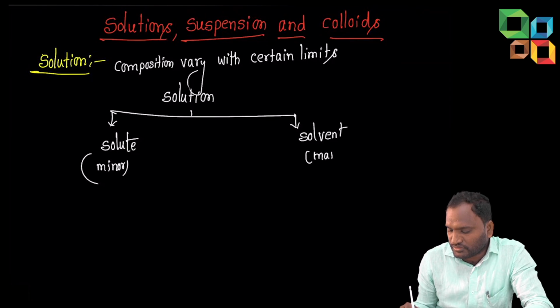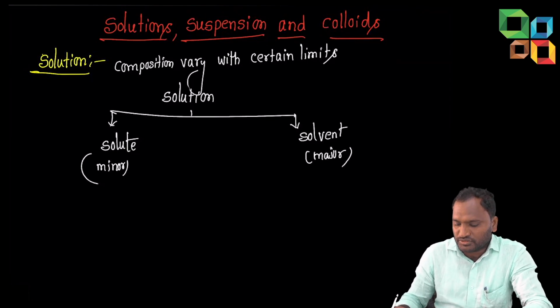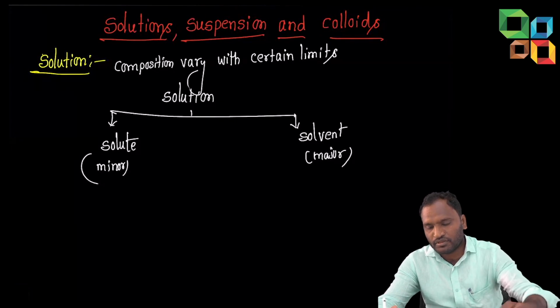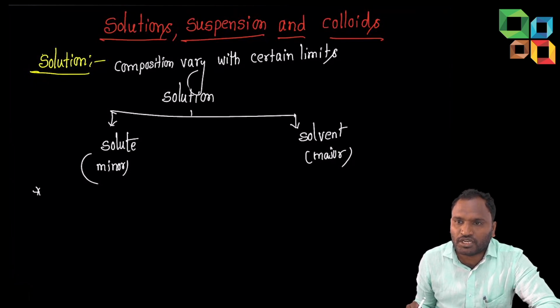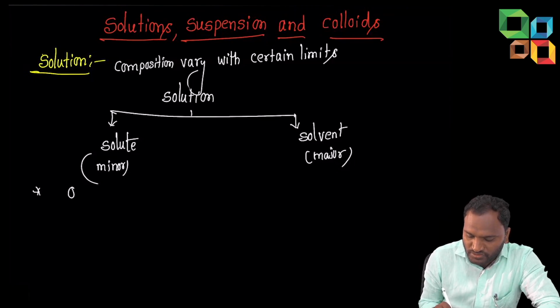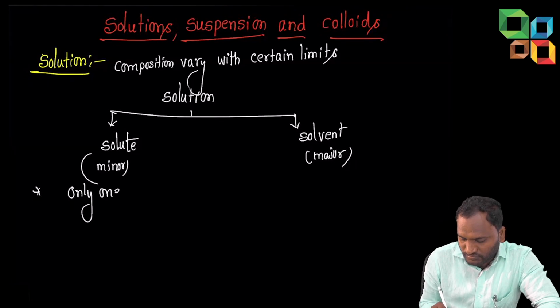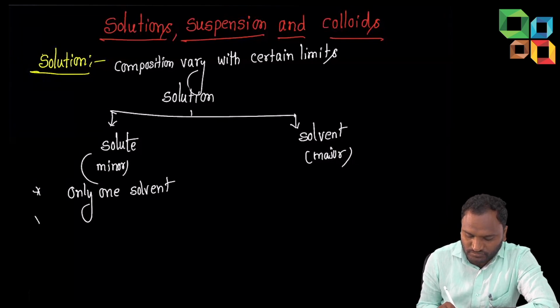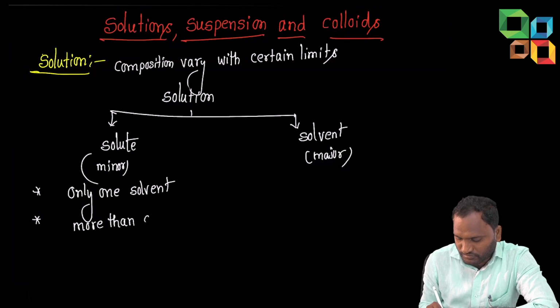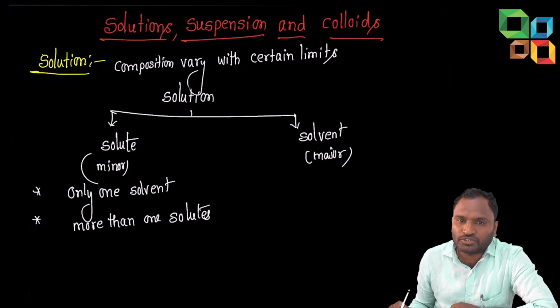Solvent is in major quantity. Solute dissolves in solvent. For any solution, solvent is only one; more than one solvent is not possible. But solutes can be more than one also.